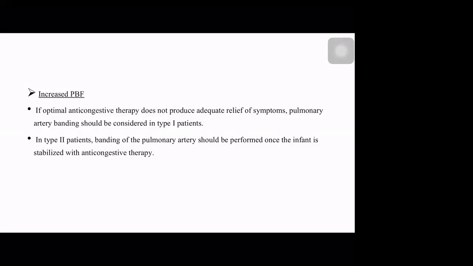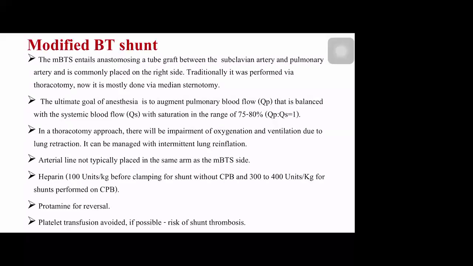In type 2 patients, PA banding should be performed once the patient is stabilized with anticongestive therapy. So these are two extreme categories: decreased pulmonary blood flow, go for modified BT shunt; increased pulmonary blood flow, go for PA banding. So a brief discussion about the modified BT shunt.